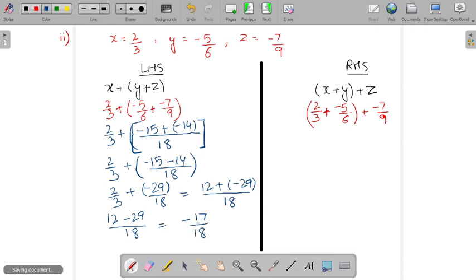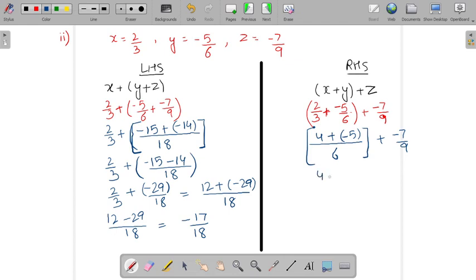Now, let's see the RHS, whether we will be getting the same answer or not. So solve this bracket first. The LCM would be 6, divide 2, 4, divide -5. Since it is negative, keep it in the bracket, plus -7 by 9.